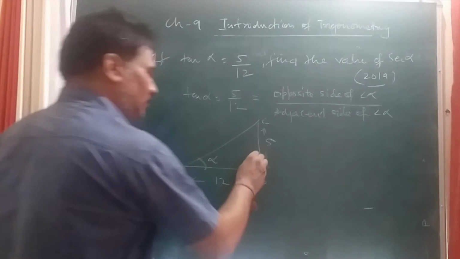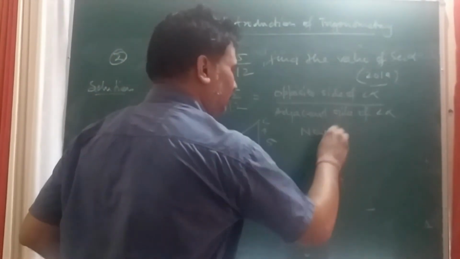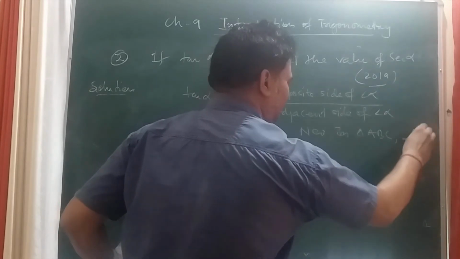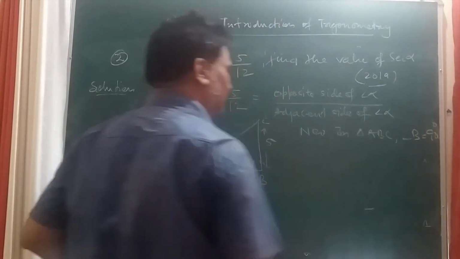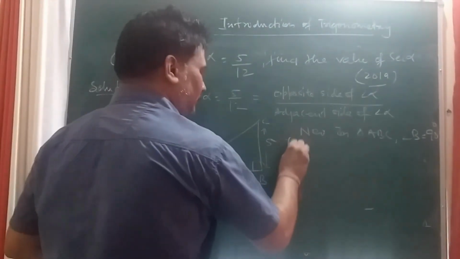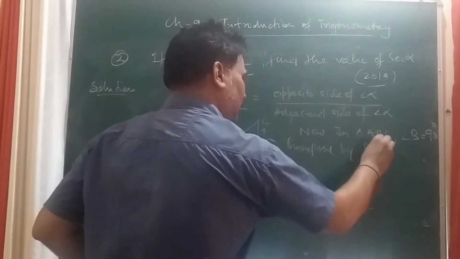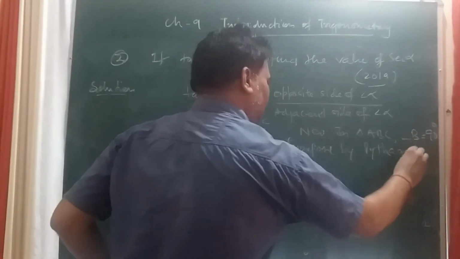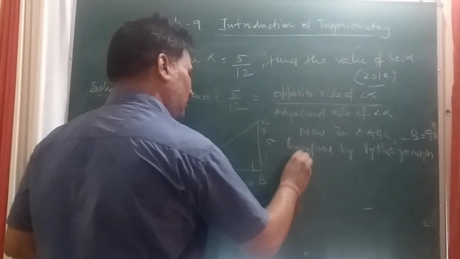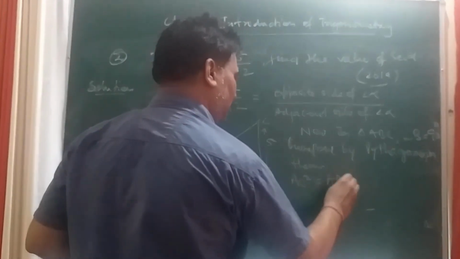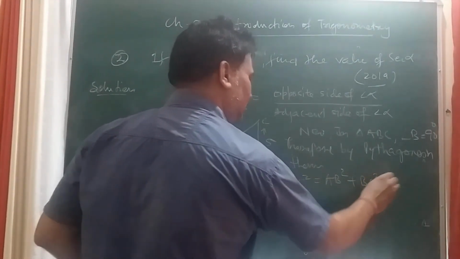Now come to the triangle. Now in triangle ABC, angle B is equal to 90 degree. Therefore, by Pythagoras theorem, AC square is equal to AB square plus BC square.